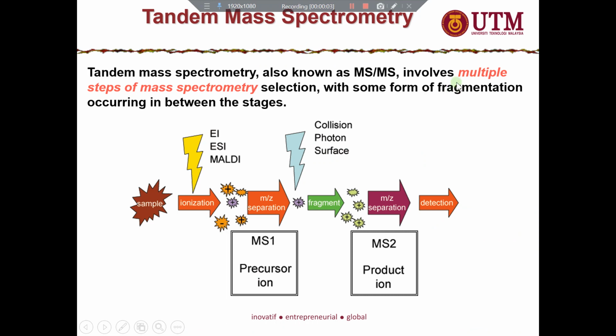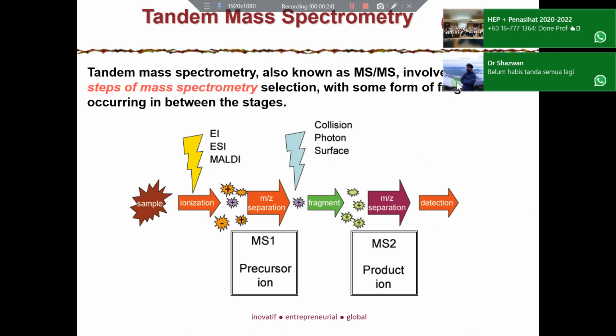Alright, okay, here we will learn a little bit different, a little bit of enhancement of the normal MS, which is tandem mass spectrometry. In tandem mass spectrometry, also known as double MS, it involves multiple steps of mass spectrometry. We already discussed this early in this chapter.